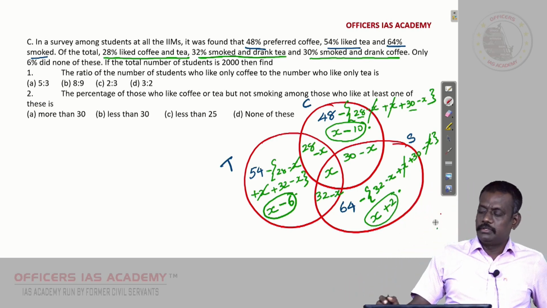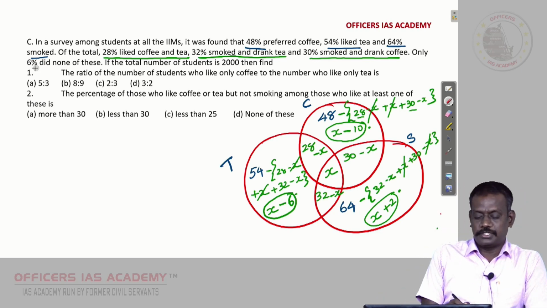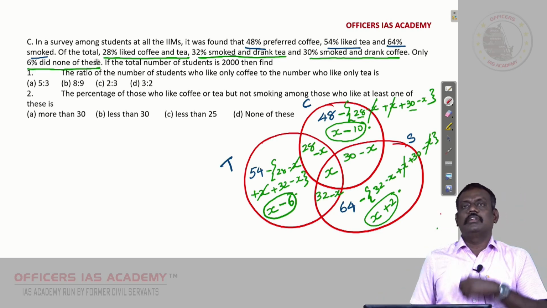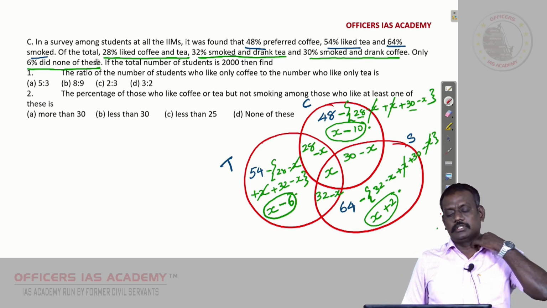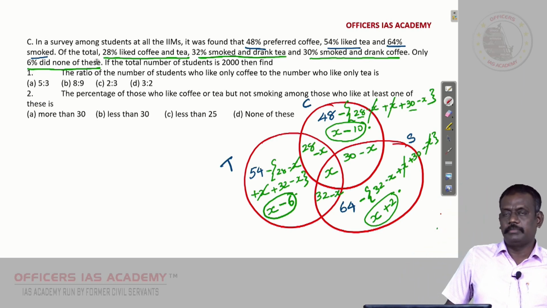Now it is given that out of the 100%, 64% have none of the habits. So the remaining 94% will have the habit, right?